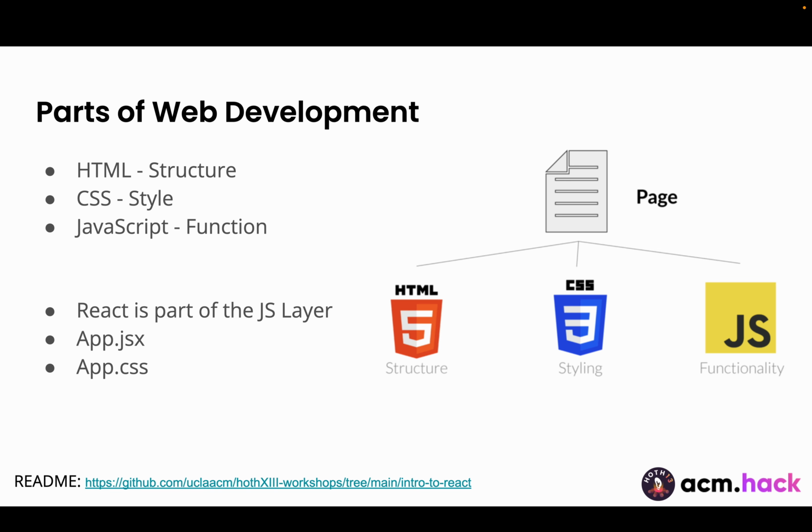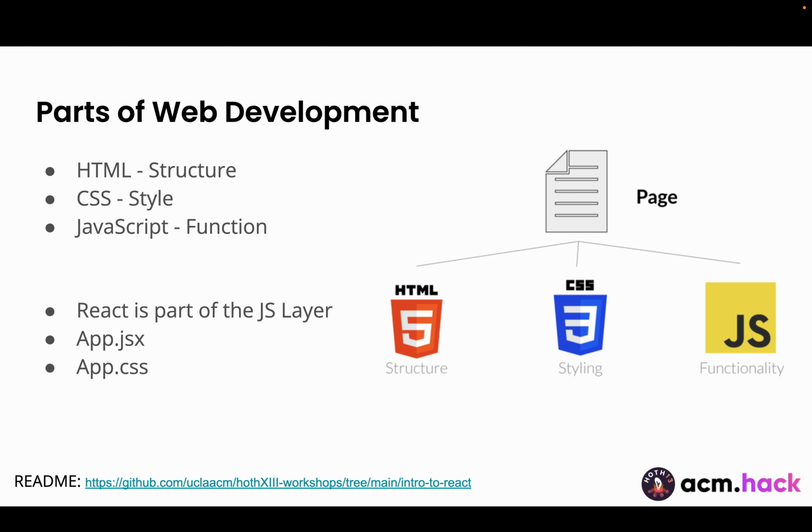So React is essentially part of the JavaScript layer, the JS layer. And when you open your default app, you're going to see app.jsx and app.css. So JSX essentially combines both HTML and JavaScript into one file. And it's basically where you're going to be doing your high level work. Everything stems from app.jsx and goes down into your files.